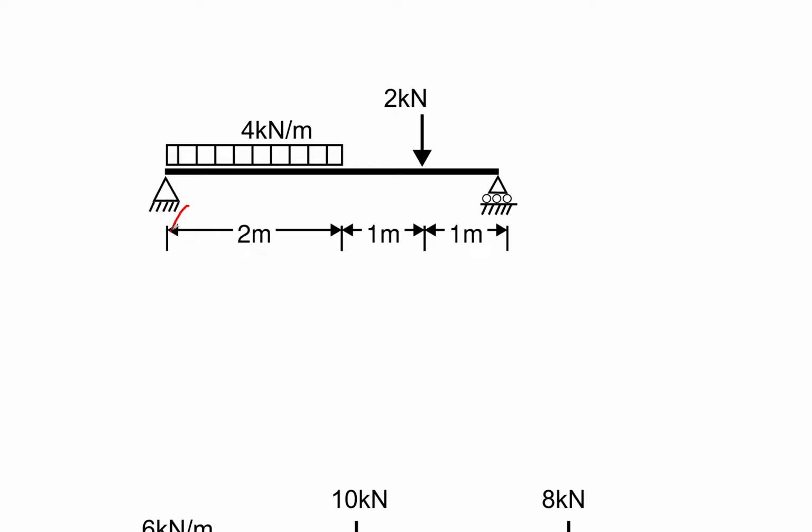So I'm going to say this is Ay, and here let's say By. All right. And I've got a UDL over 2 meters, and I convert it into a point load. That's 4 times 2. Sorry, let's say sigma M at point A is 0, and the moment clockwise is positive.